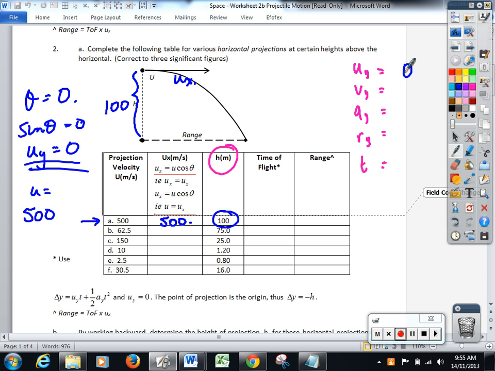We don't know the velocity that it hits the ground at. Okay? But we know the acceleration is negative 9.8. We know the distance that it's going to fall vertically through. What is the distance it's going to fall through? 100. So remember, Ry is a vector, and this is below my origin point. So what will Ry be? Negative 100. Excellent. And this is what we want to find, the time for it just to fall.